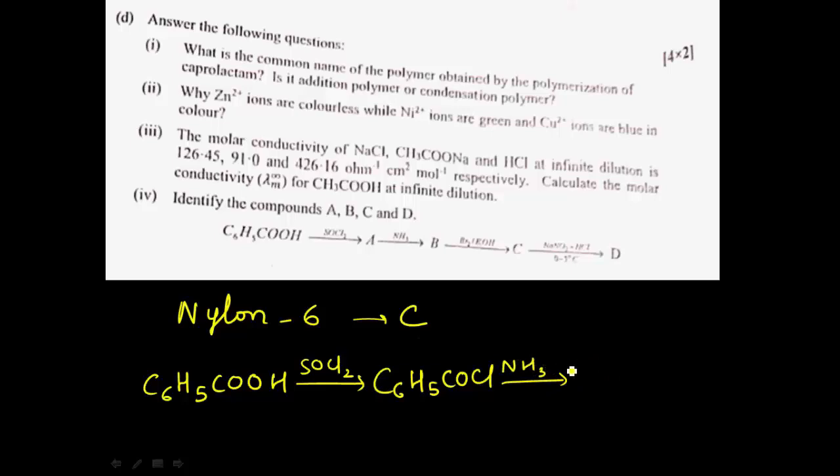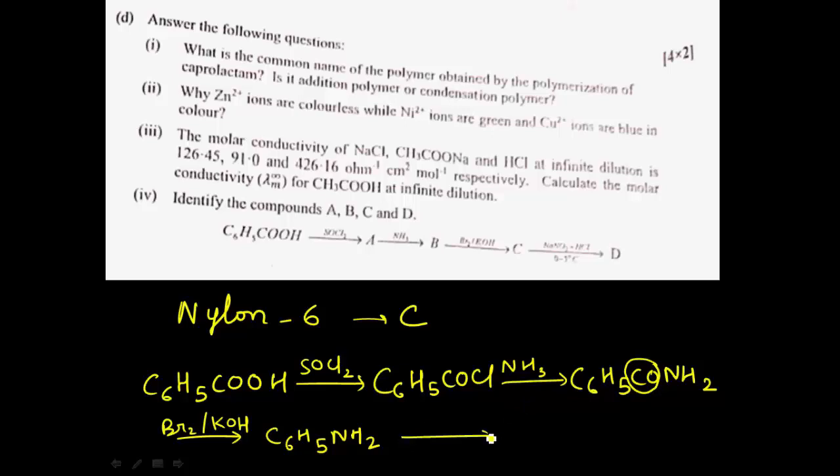So as a product, we'll have C6H5CONH2, benzamide. Okay, let's put some Br2 and KOH. This is Hoffmann degradation reaction, and we'll get aniline. So what happens is that this carbonyl group disappears. Now this will carry out the diazotization reaction.